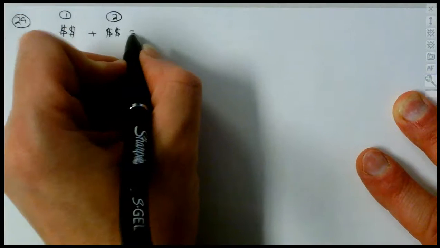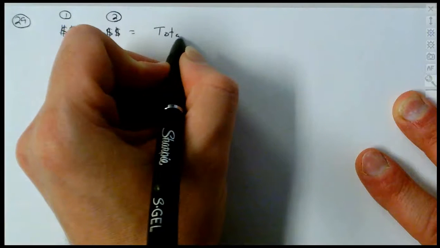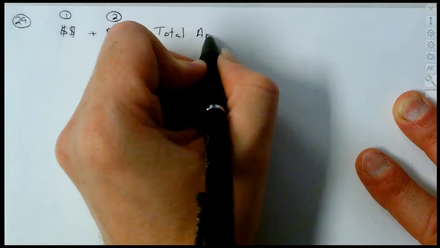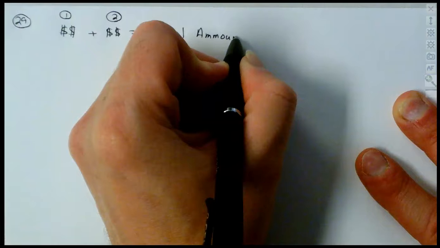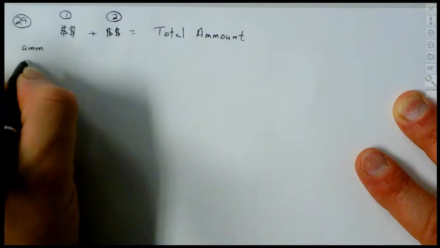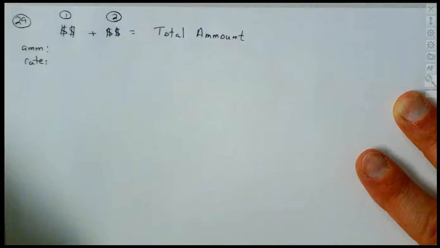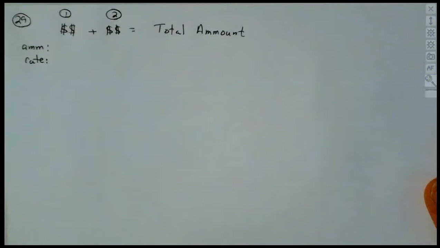One and two, and those add together to give you a total amount. And we have an amount in each account and a percentage rate that they pay out. Okay, so let's take our time, make sure we see where these numbers are coming from.